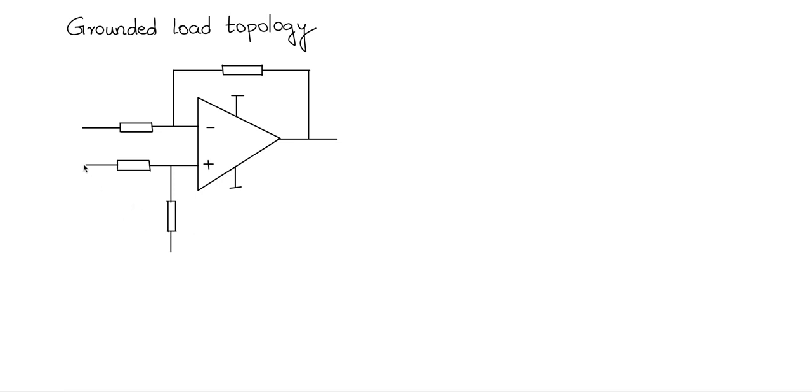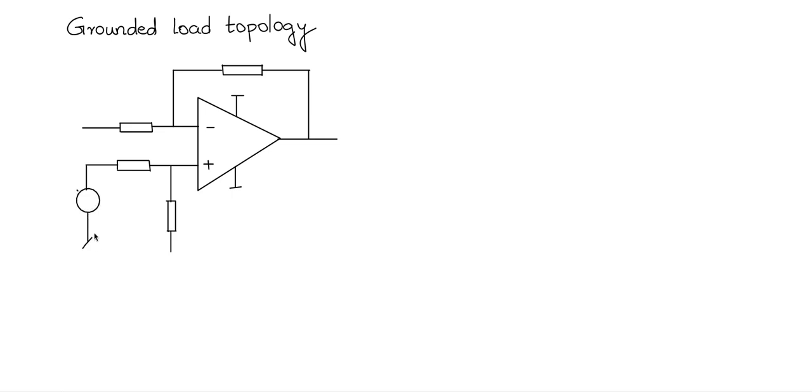The superposition of this potential and this potential will come upon at this point. That is the V plus point. So let me start completing the circuit and then I will explain its operation.